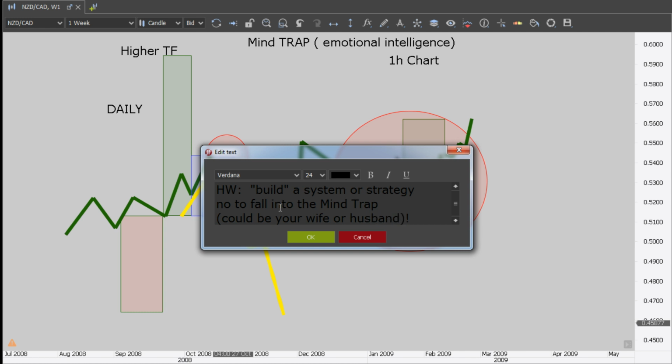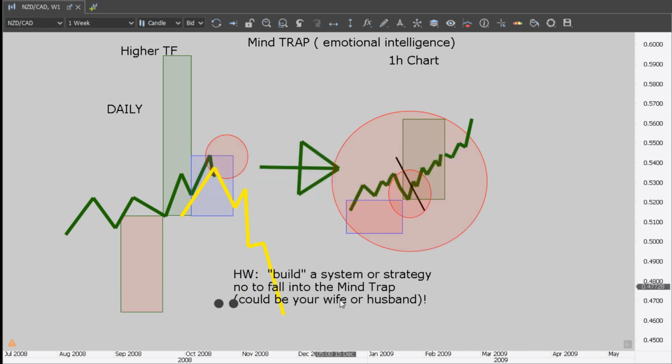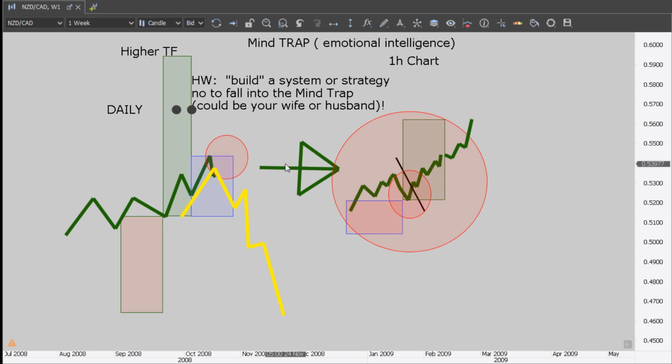Why not? We are in quarantine. Everybody, homework: build, invent, create a system or a strategy that is going to help you not to fall into this mind trap.